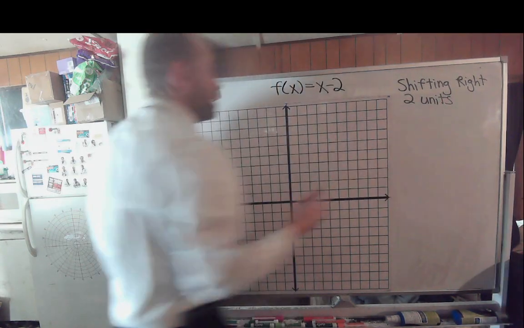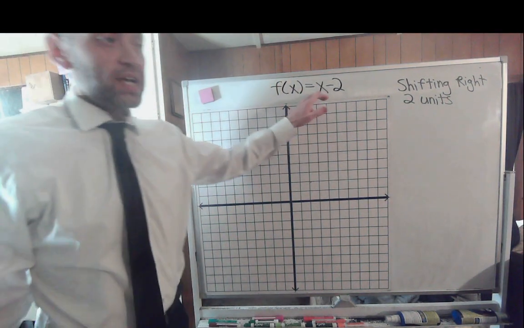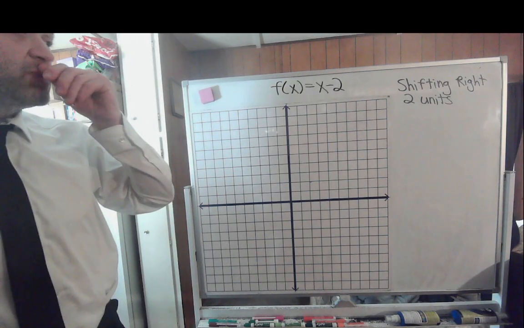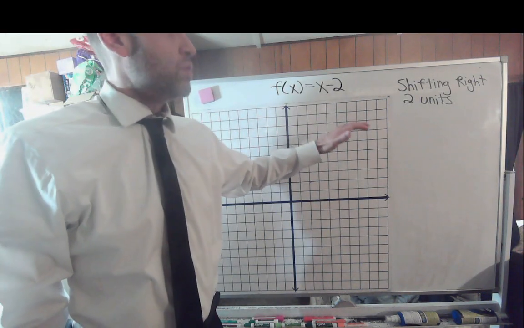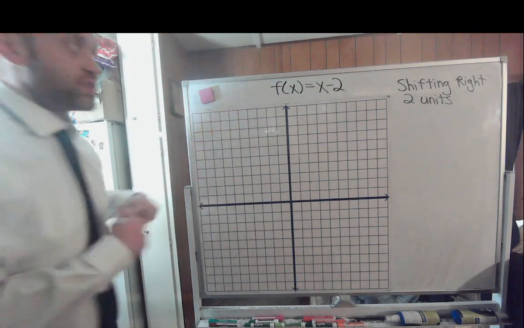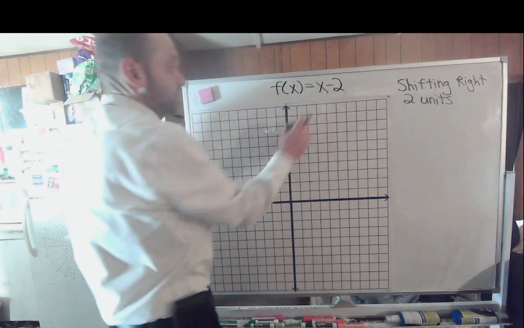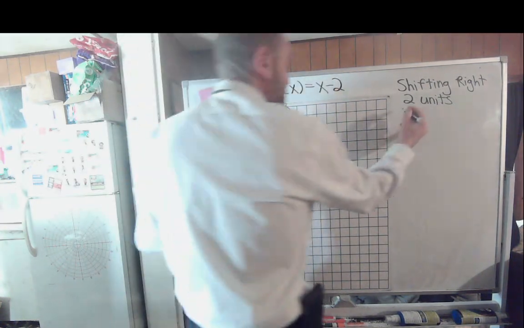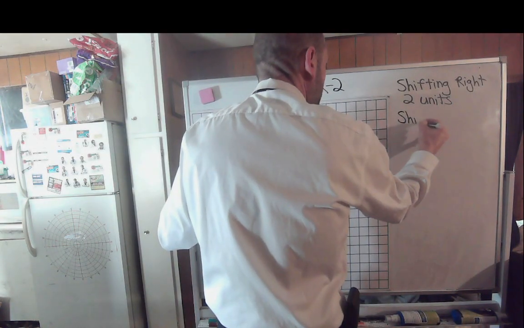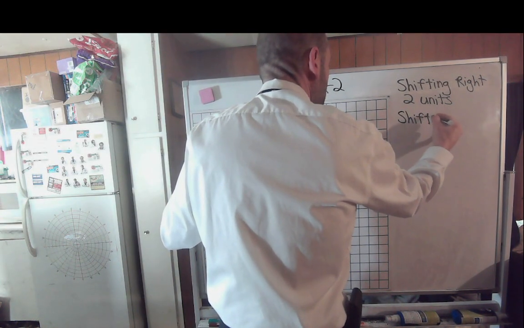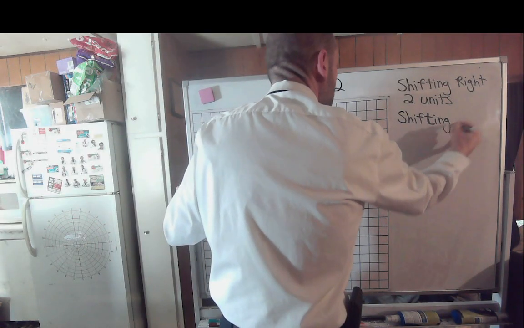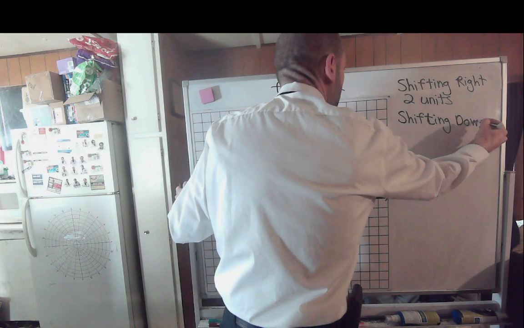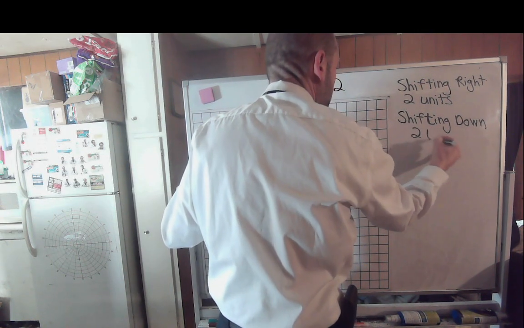Now, the f of x equals x function is also unique, that you can have a vertical and horizontal shift occurring at the same time. Because f of x equals x, then minus 2, this is also shifting downward 2 units. So it's shifting down 2 units as well.